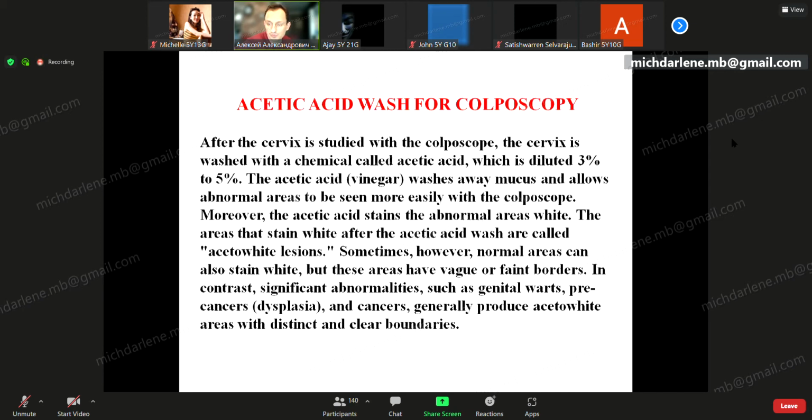Different types of epithelium should take different concentrations of that acid, and as a result, we will see different spots with abnormal concentration of the acid inside. It will be enough for you to understand that we have pathology at the surface of the cervix, and we can find that pathology in the future with the help of our further maneuvers.